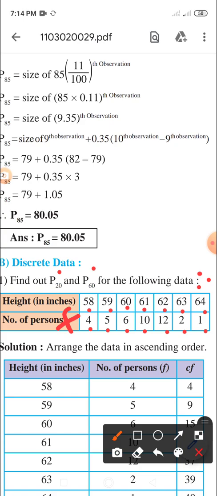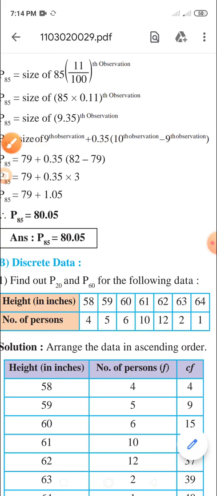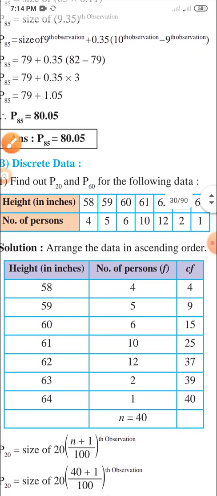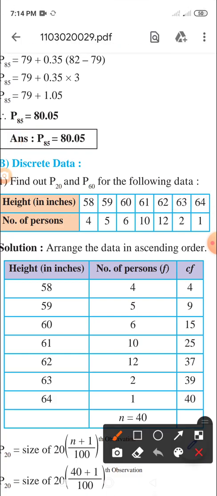So the first step is to arrange the data in ascending order. Here the data is arranged in ascending order: 58, 59, 60, 61, 62, 63, 64.